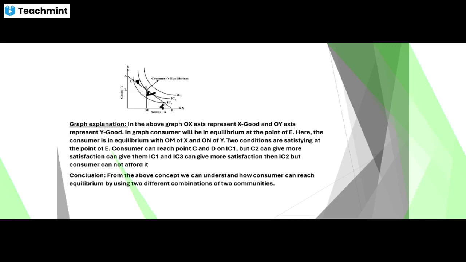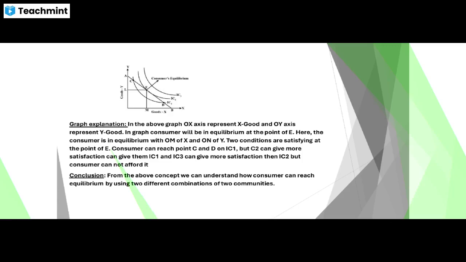So there the consumer will not be in equilibrium. At the point E only, the consumer will be in equilibrium because at E, the budget line is tangent to the IC curve at its minimum point. And at the same time, the consumer's marginal rate of substitution of X and Y goods and the price ratio are the same. Okay, so the consumer will reach the point E.